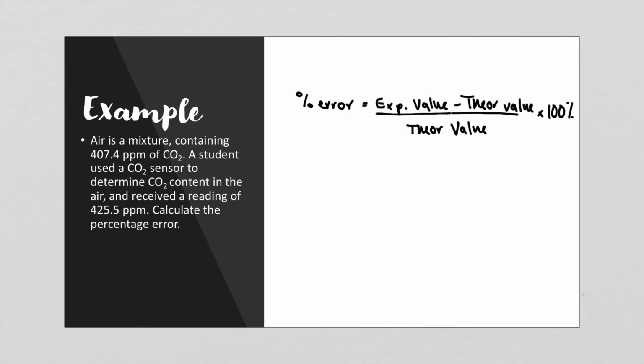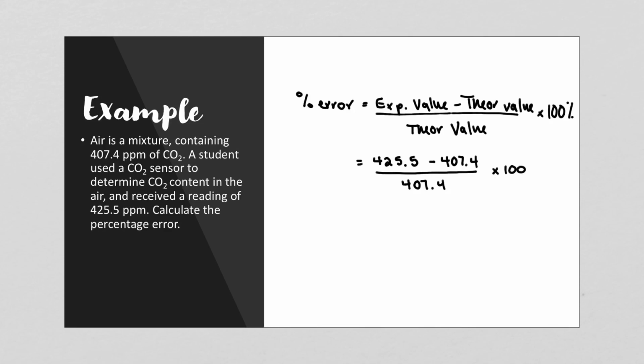So our experimental value was 425.5 parts per million, and we subtract the 407.4 parts per million, divide that by 407.4 parts per million, and times that by 100.